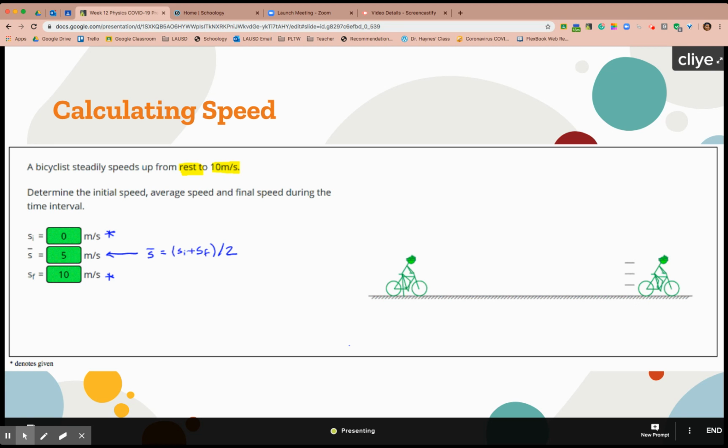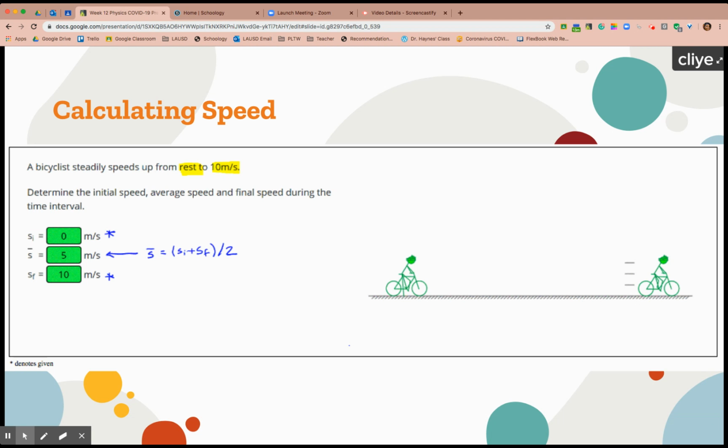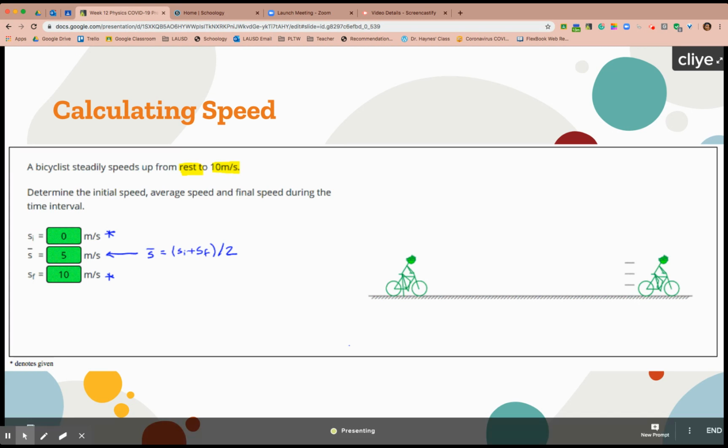In order to find S with the line above, which is average speed, you have to use that equation. The average speed equals your initial plus your final, and then you divide that sum by 2. So 10 plus 0 is 10, and then 10 divided by 2 equals 5. That's what they did to find this 5 here.